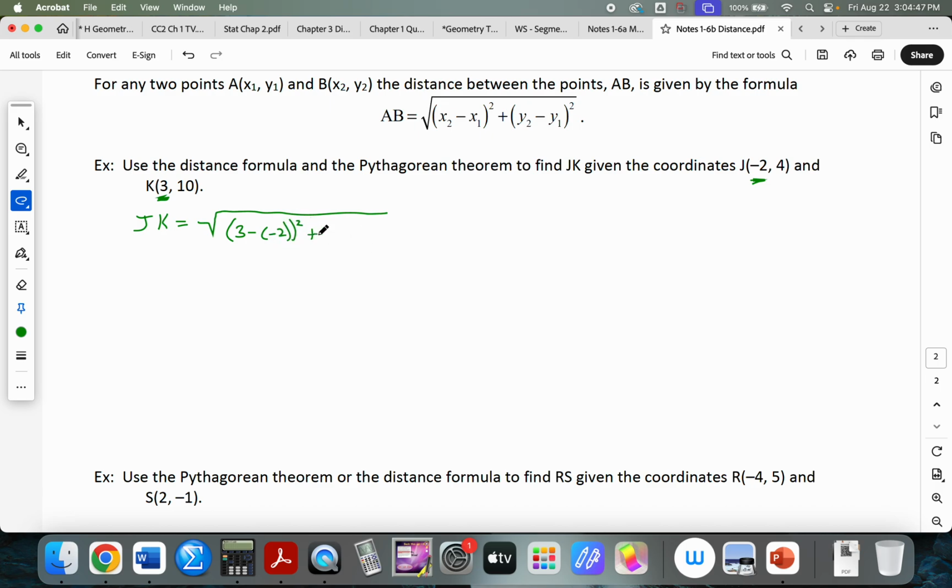And square it. Plus, for the y's, I've got 10 and 4, so I'm going to do 10 minus 4 squared.